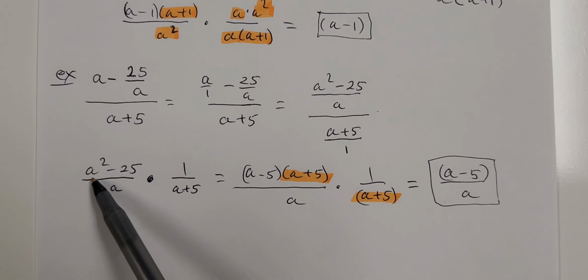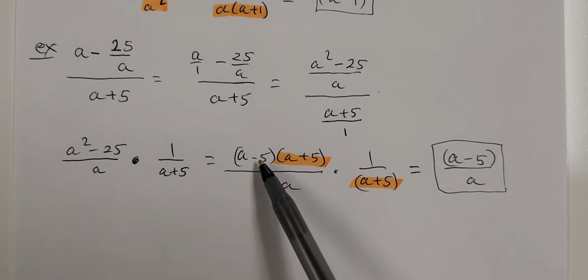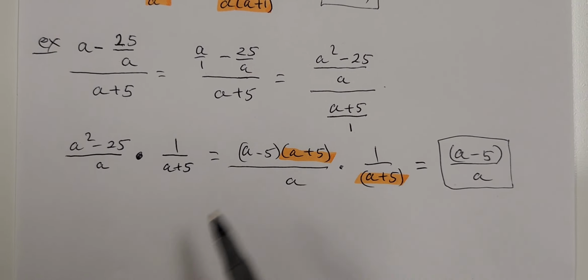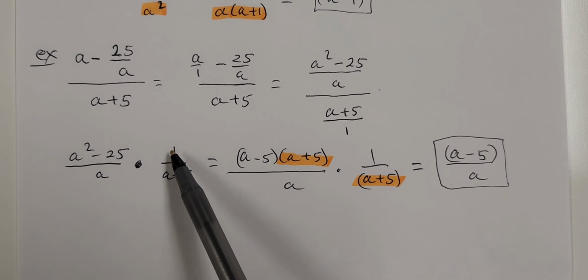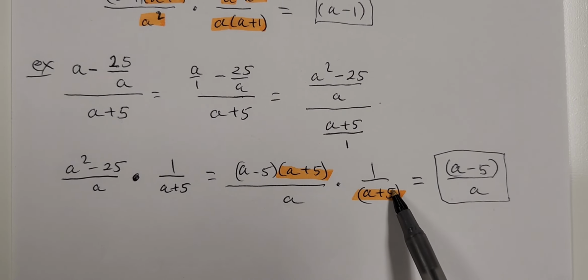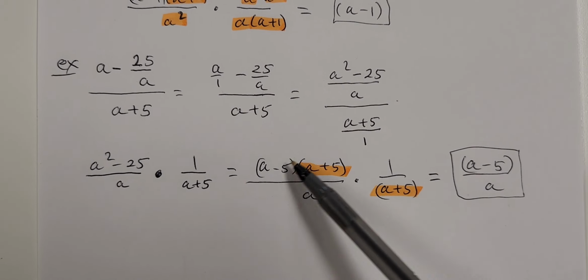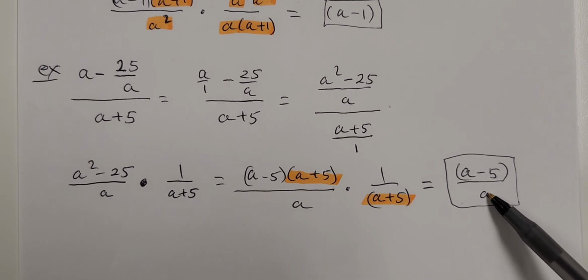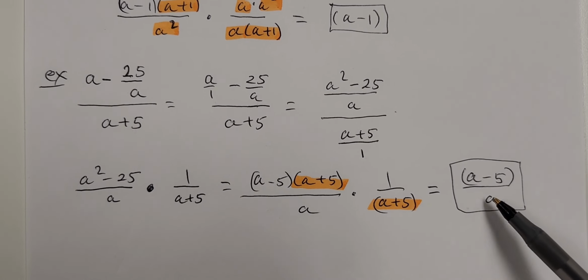So a squared minus 25 is rewritten as a minus 5, a plus 5, and then over a times 1 over a plus 5. Anything that looks the same, cancel. If you cannot cancel, that becomes our final answer. So all I have left is a minus 5 all over a.